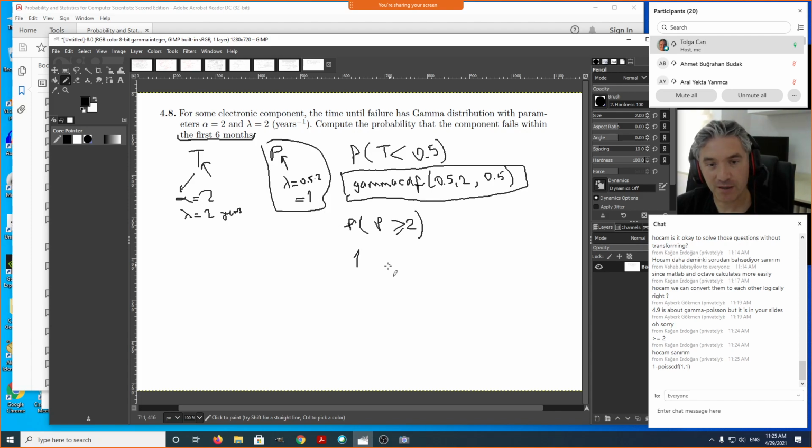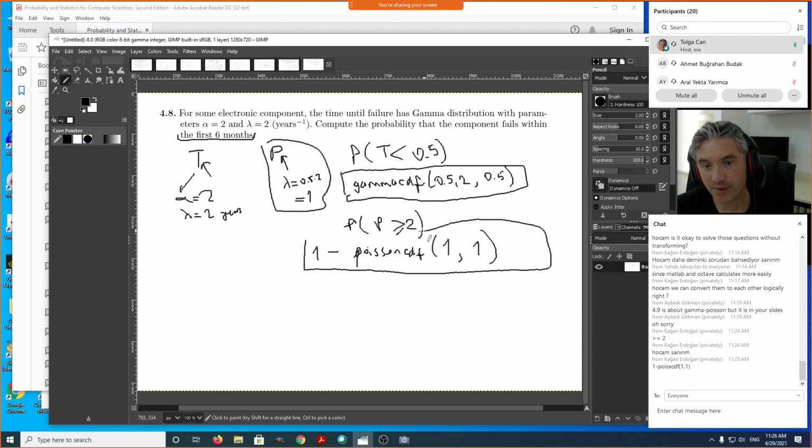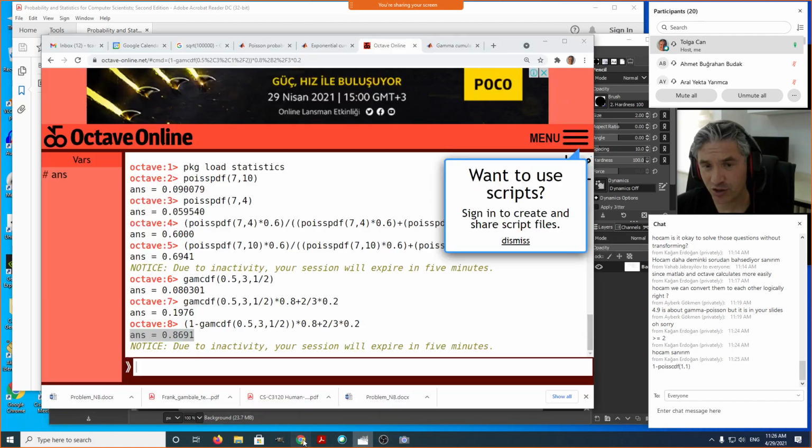So it's going to be the Poisson CDF, where we look for the probability of obtaining 1 or less failures with our lambda in 6 months. The complement of this will be the probability of obtaining 2 or more failures. So these two things should be equal to each other.